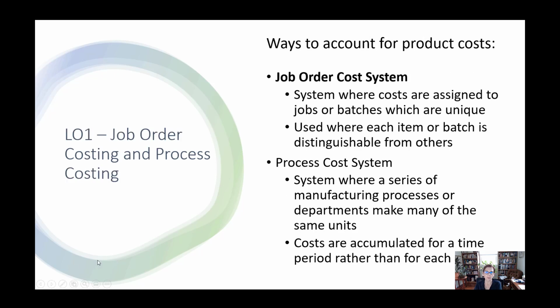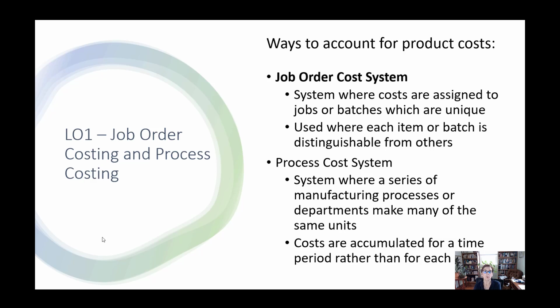All right, so there are two ways to account for product costs. Remember that companies that manufacture have materials, labor, and overhead. And there are two main ways to account for these. One is the job order cost system, and this is a system that is used when there are jobs or batches that are unique.